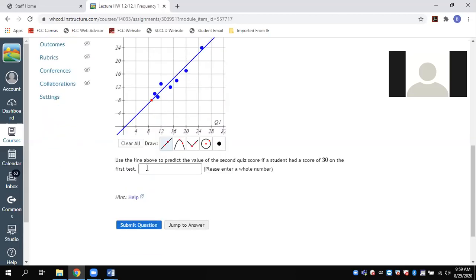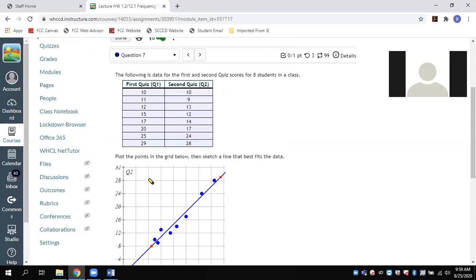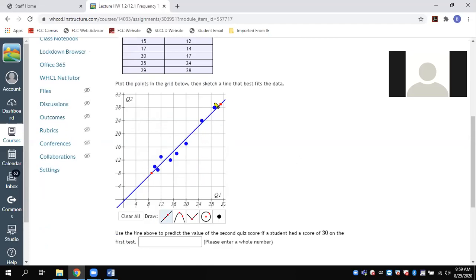And then down here it says, use the line above to predict the value of the second quiz score if a student had a score of 30 on the first test, or first quiz that they mean to say. So do you understand what this is? This graph, these dots, are a relationship between how students did on the first quiz and how students did on the second quiz, right?